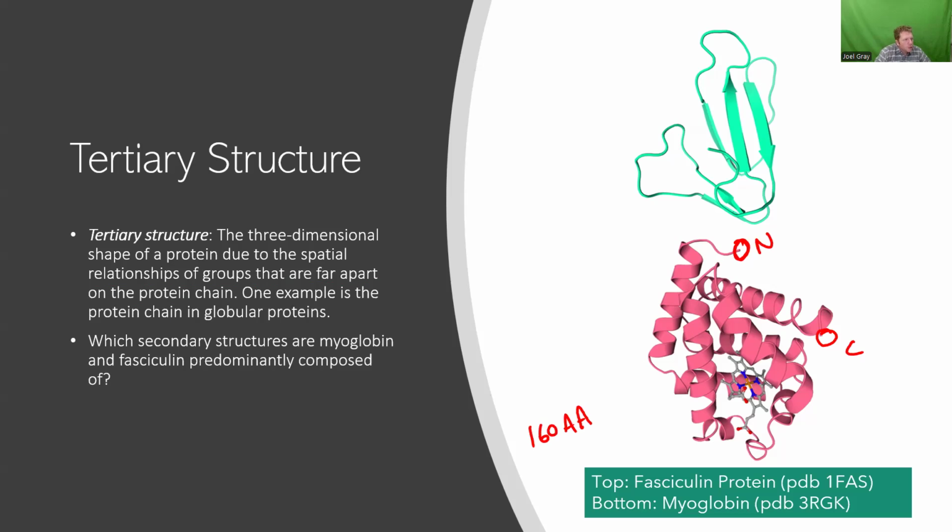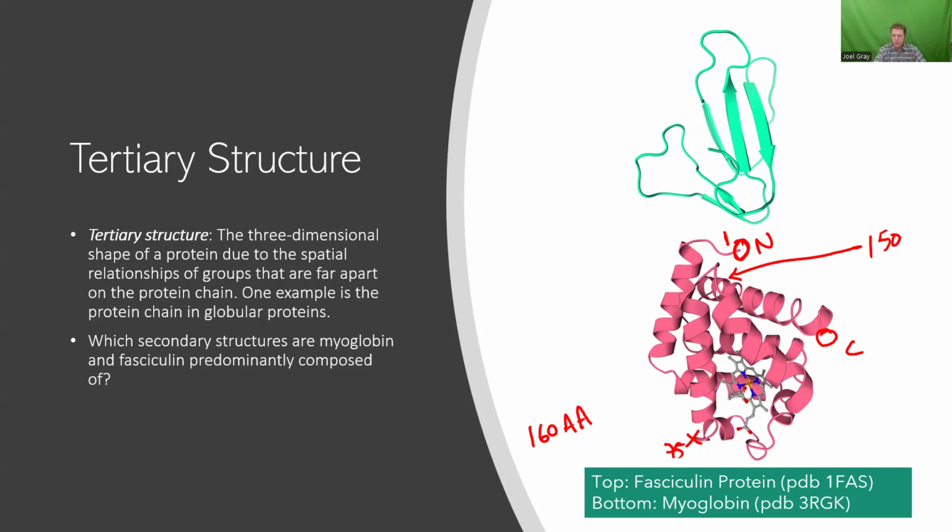If we were to label this as amino acid number 1, and let's just pick another random spot, let's call this one 75. And then I'm going to call this one 150.